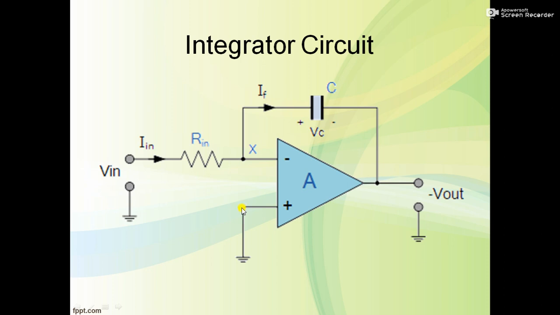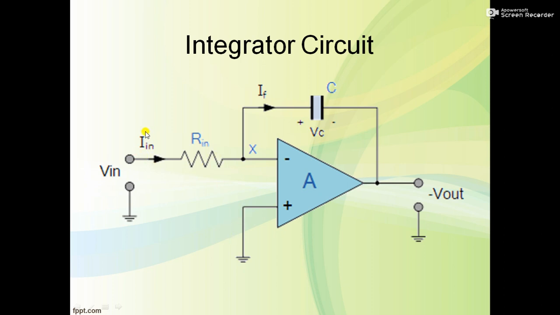Consider this a Y node. So what is the voltage at the Y node? Ground means 0 volt. So Vx is equal to Vy is equal to 0 volt. This is according to the virtual ground concept.